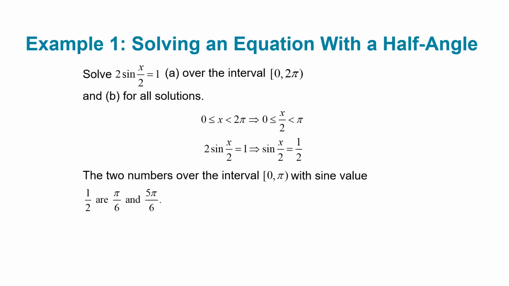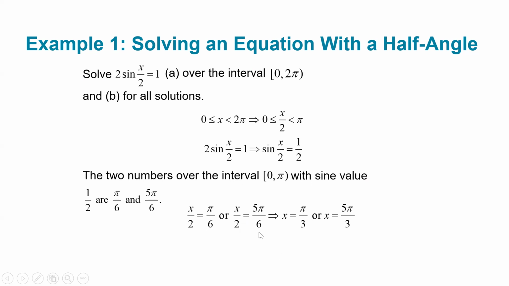So we get sine equals 1/2 at pi over 6 and 5 pi over 6. Now, we need x over 2 to equal pi over 6 or x over 2 to equal 5 pi over 6. So we set up two proportions: x over 2 equals pi over 6 or x over 2 equals 5 pi over 6.